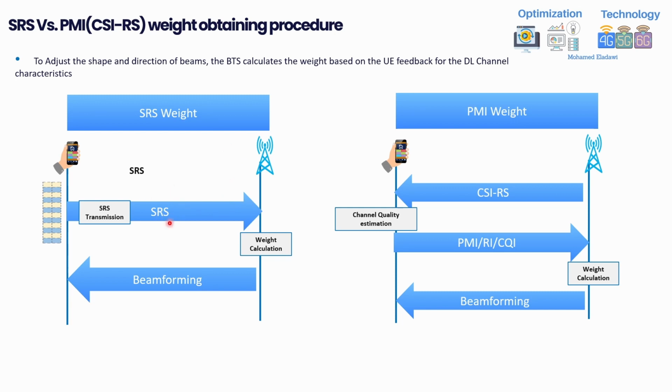This might impact the SRS calculation. You cannot really estimate the downlink in that case. You will have an imbalance between downlink and uplink, so you cannot estimate the downlink for edge users. So for the far edge users or edge coverage, you need to rely on PMI weight. We use both of them, but it's recommended to use SRS along with PMI weight.